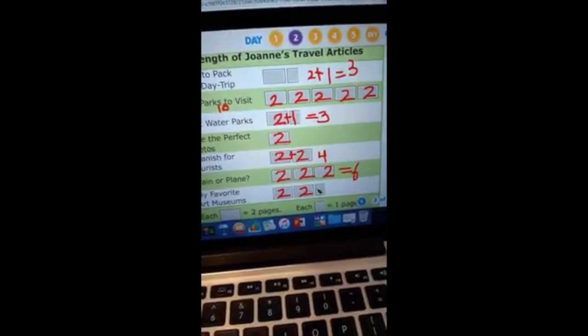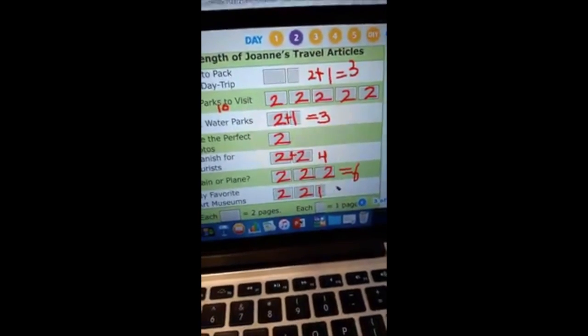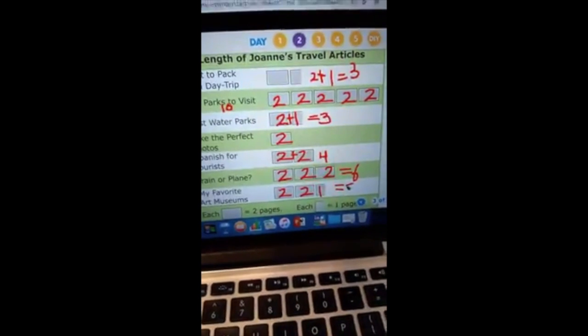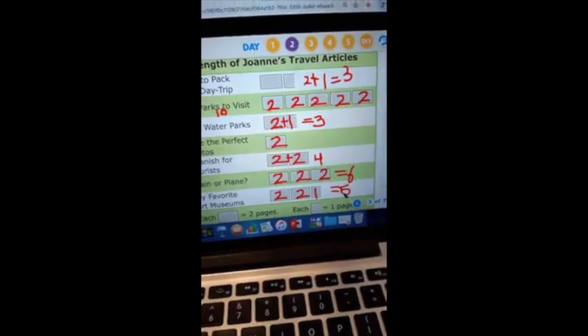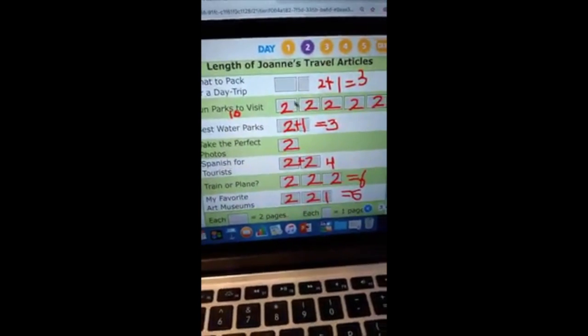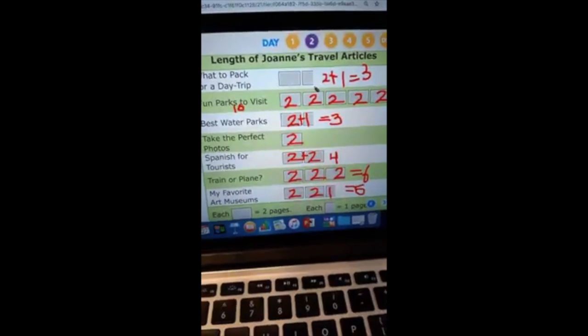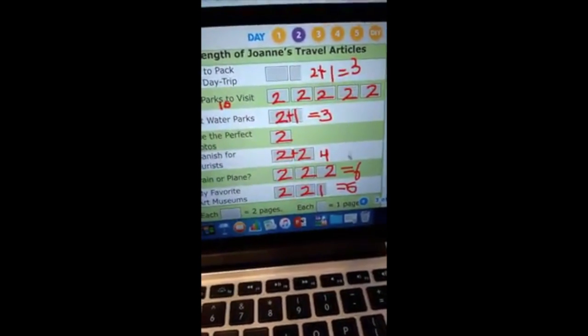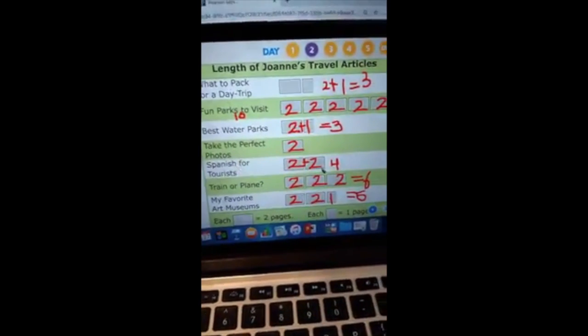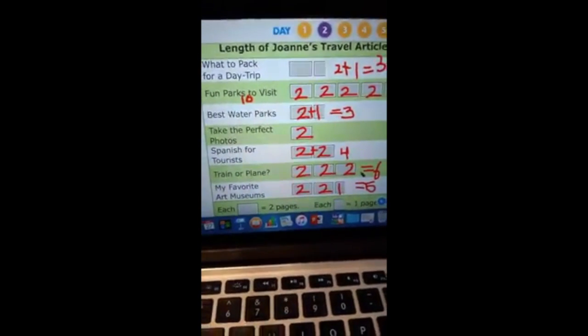And again, this one's 1. And 2 plus 2 is 4. 4 plus 1 is 5. So I know that I have 5 here. This is how many articles she wrote, and how many pages. These are the articles she wrote. These are how many pages.